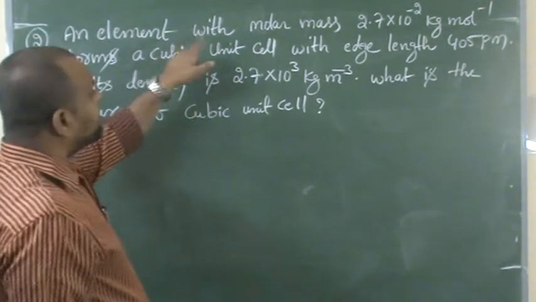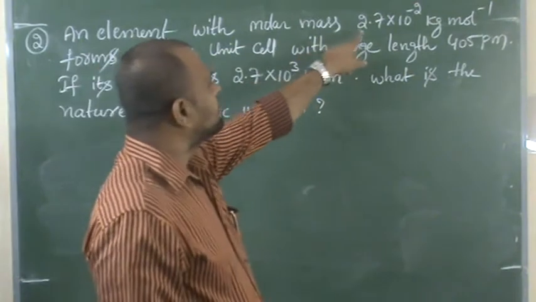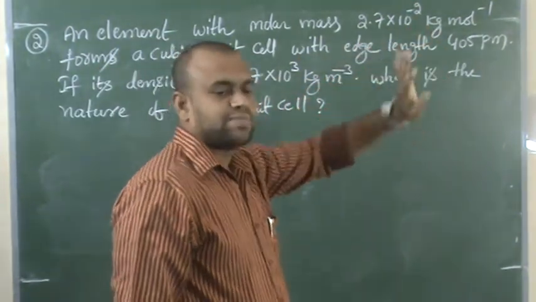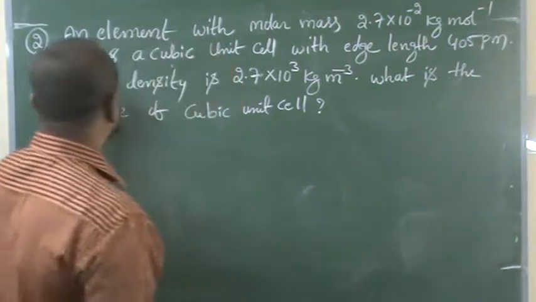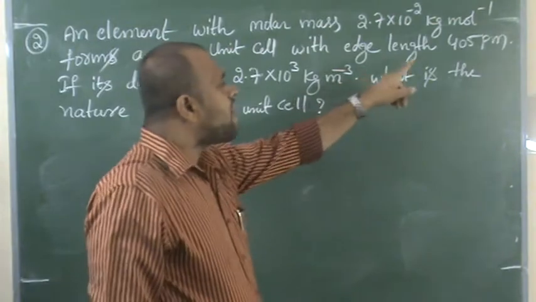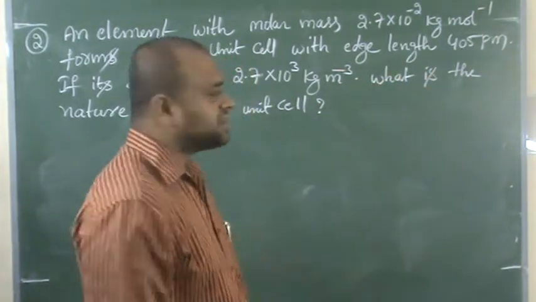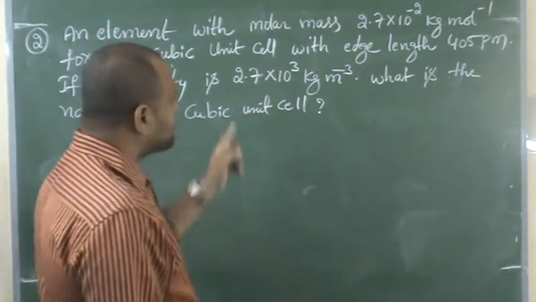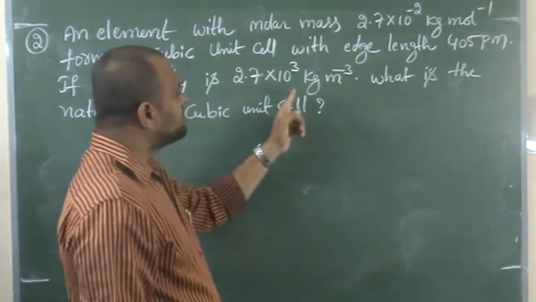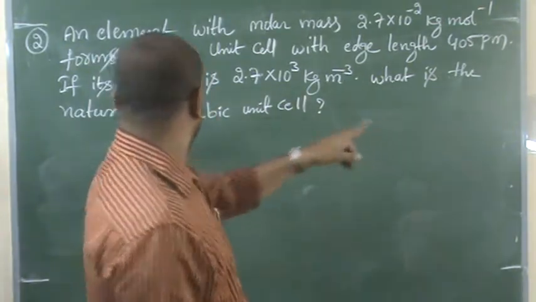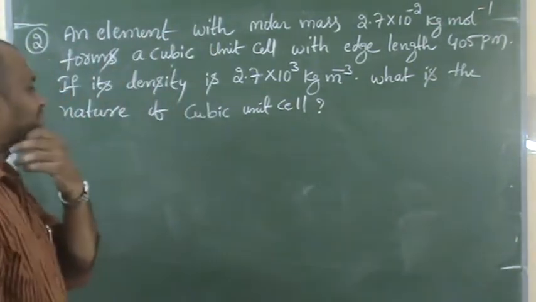So an element with molecular mass 2.7 into 10 to the power of minus 2 kg per mole forms a cubic unit cell with a cell edge of 405 picometers. If its density is 2.7 into 10 power 3 kg per meter cube, what is the nature of the unit cell?